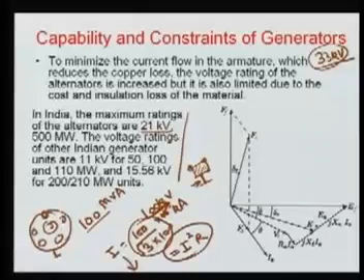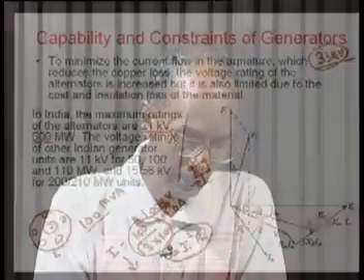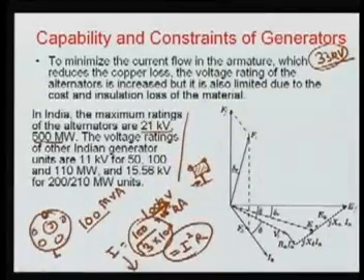A unit means that at any power plant station there may be several units, and one unit is rated at 500 megawatt. The voltage rating of other Indian generator units is 11 kV for the 50, 110 and 100 megawatt units, and 15.75 kV, sometimes also called 16 kV, for the 200 and 210 megawatt units.